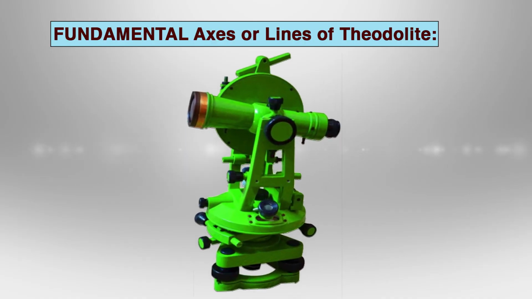Now, moving ahead, we will talk about the five fundamental lines in a theodolite. The theodolite is an optical instrument known for its accuracy and precision, and it can measure horizontal as well as vertical angles. There are some fundamental lines which the user should know before using it.